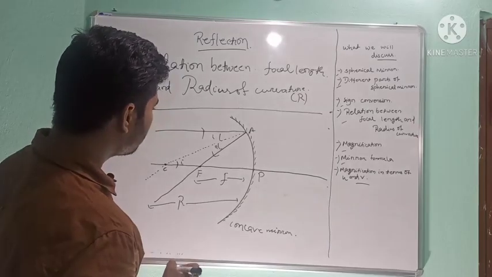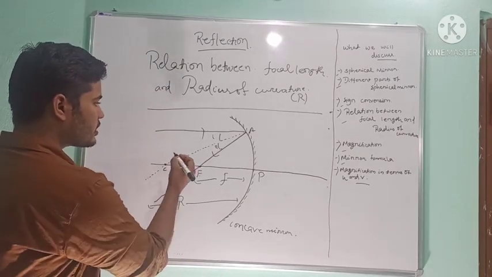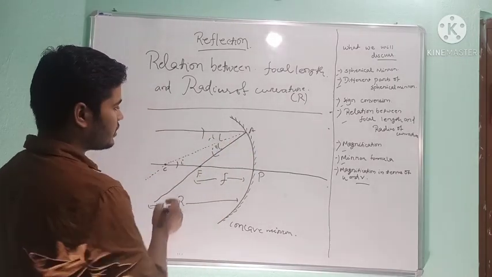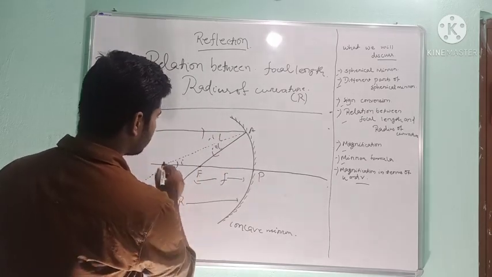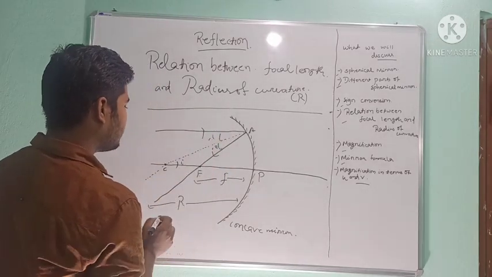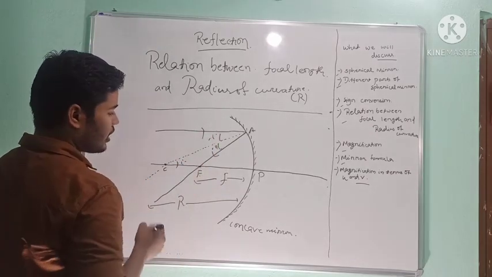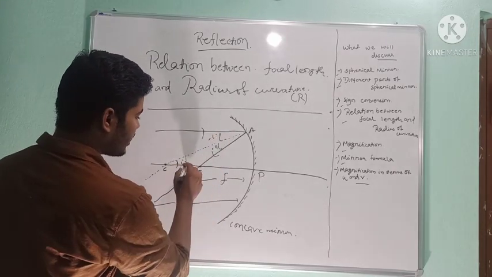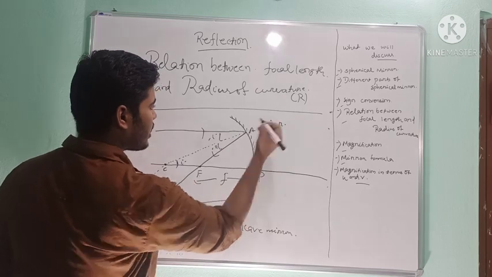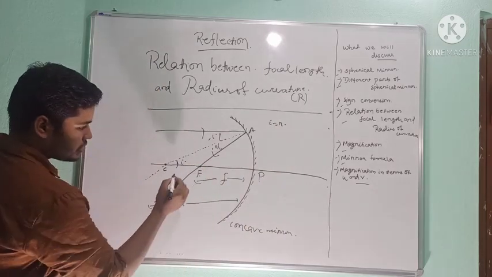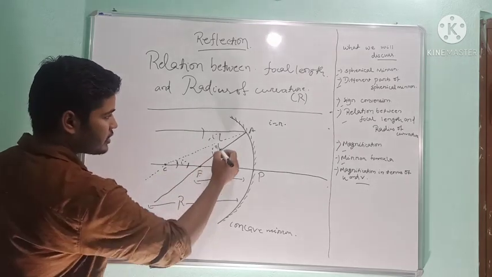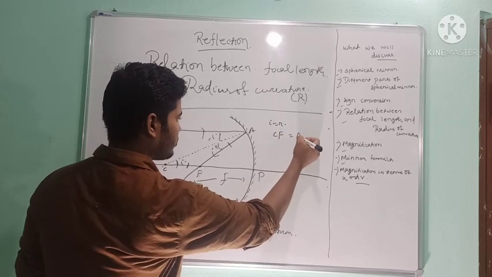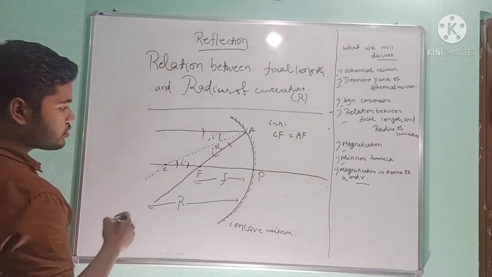So what is the relation between them? As you can see, as per the law of reflection, i is equal to r, and the principal axis and this ray of light are parallel. That's why this angle and this angle are alternate angles. So this is also i, and you know i is equal to r. That's why CF is equal to AF.